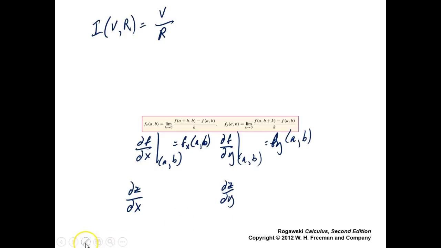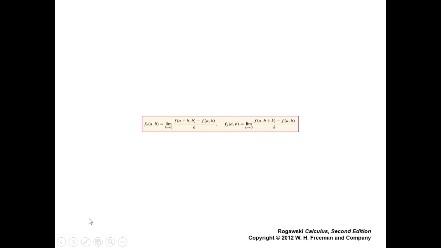So, let's do example 1. I think I will clear this out. And here's your function. f is now a function not just of x or just of y, but of both independent variables x and y. And this function is x squared y to the 5th. Okay?